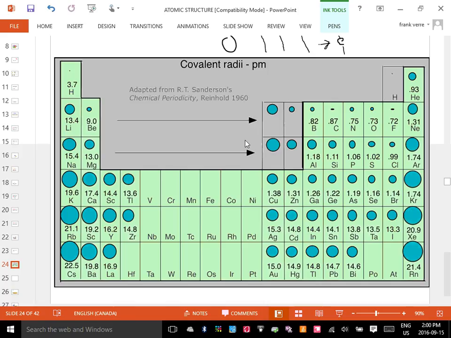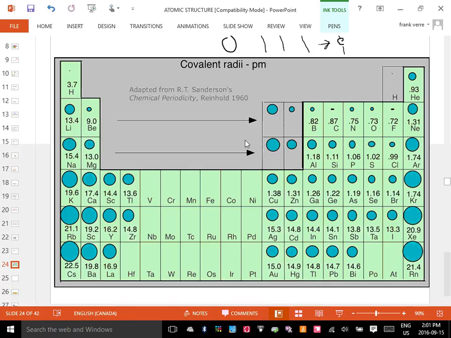So this is a picture of the size of the atom. The size of an atom, if you think of the radius of the atom, would be from the nucleus to where that last electron is. Okay?